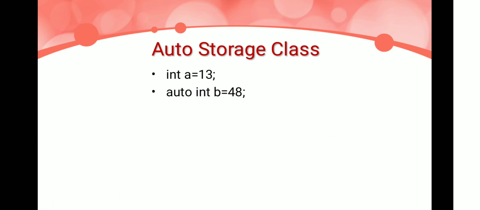If we take the first one into consideration, auto. As I have said, auto is a normal variable which we are going to use in every program. If I want to declare variable a, normally we'll be using int a. In place of that, if we use the storage class auto, auto int b is one and the same. For example, I'll show you a simple program.